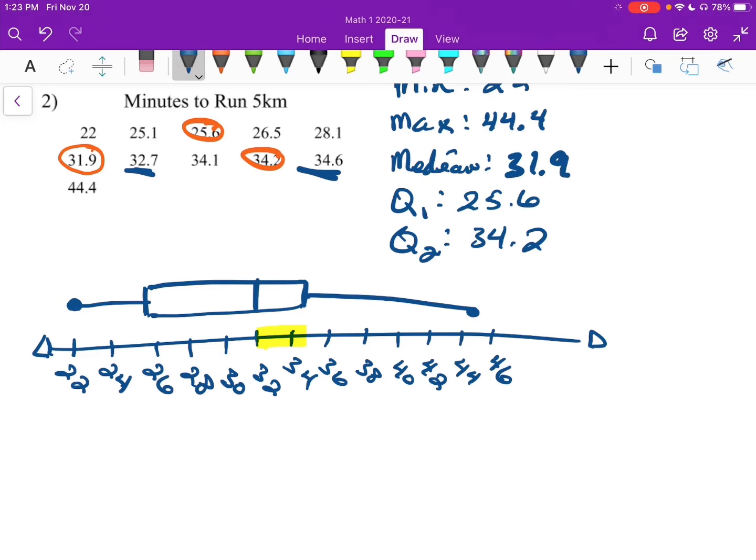So if you're picturing the people who were running this 5K, there were a lot of people that crossed the finish line right between 32 and 34, or a lot of people relative to the number of people running. And I just think that's kind of interesting. Whereas you can see over here, the slower people, the people who ran and finished last, they were just kind of staggered out there. I don't know. I think that's kind of interesting. It's neat that we're able to see that.